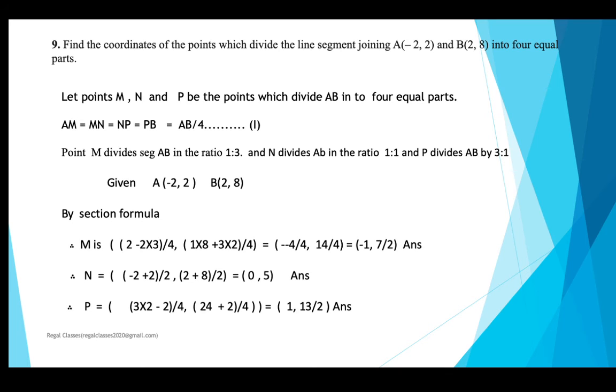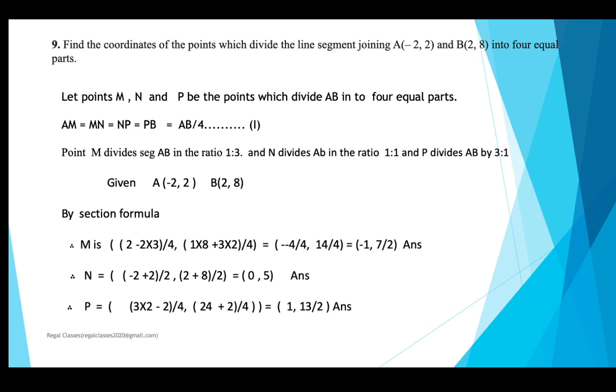Like earlier we did 3 equal parts, here it is 4 equal parts. So we'll have 3 points, M, N and P. AM is equal to MN is equal to NP is equal to PB. These are line segments equal to AB by 4. So M divides in the ratio 1 is to 3, N divides AB in the ratio 1 is to 1, and P divides AB in the ratio 3 is to 1.